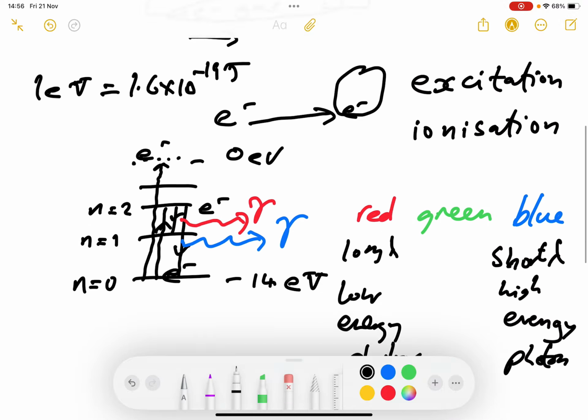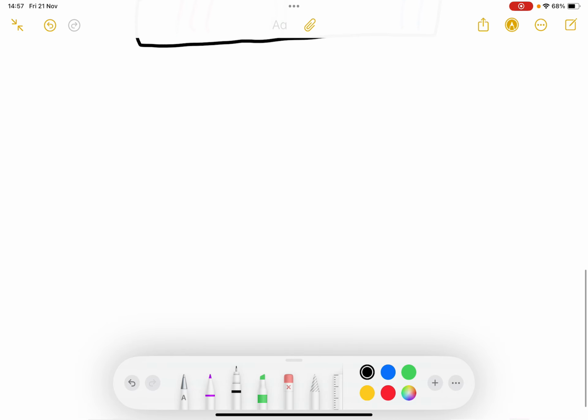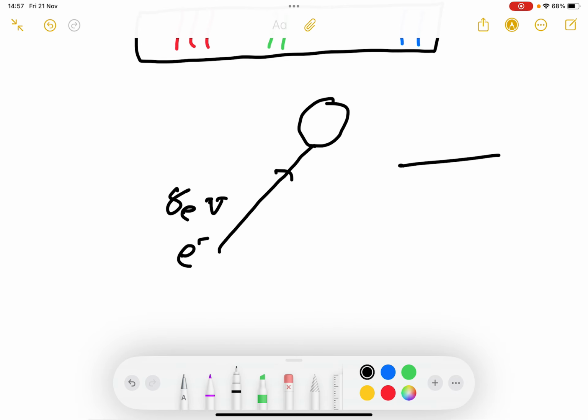So this was excitation by the absorption of an electron. So let's just draw that again. And the thing here is that, say our electron comes in with energy 8 electron volts. And to cause an excitation, we need to go from, I don't know, minus 14 eV to minus 9 eV.